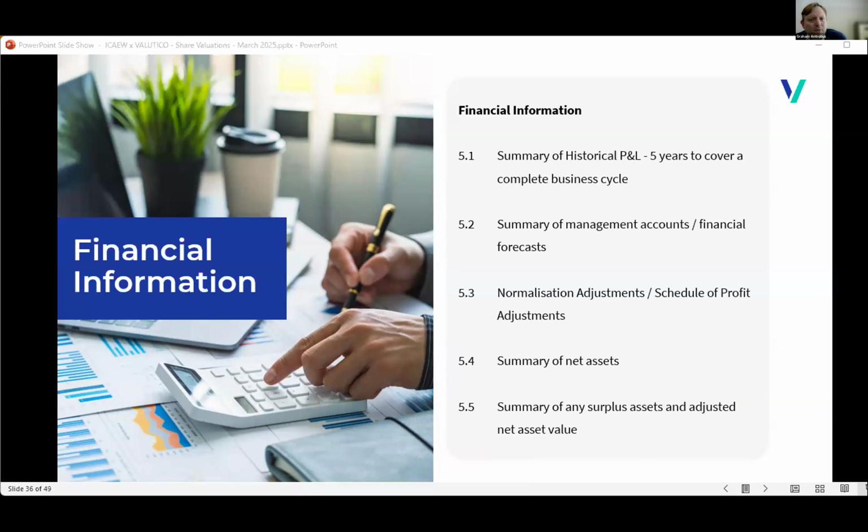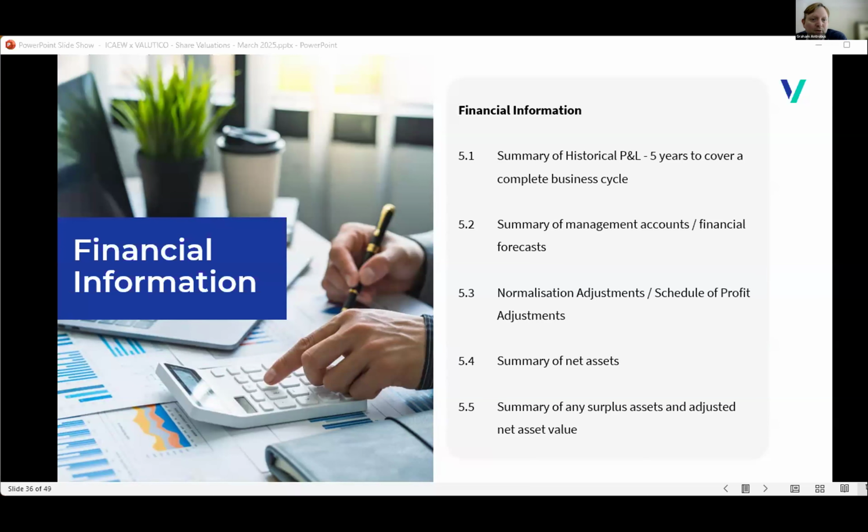It's worth making the point that we'll typically look at a 5-year history to capture a complete business cycle. But this also helps us to identify trends in revenue, profitability, and cost structure. Valuation is all about the future, not what's happened in the past. Management accounts and financial forecasts. So we'll look at recent management accounts to provide a real-time snapshot of the company's financial position.